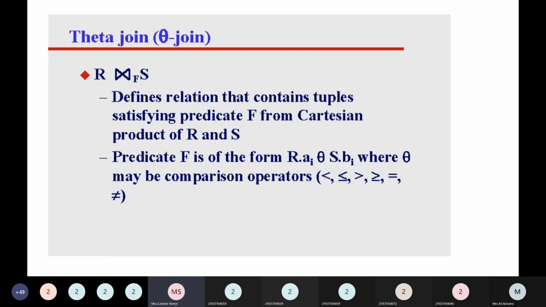If it is less than or less than equal to, greater than or greater than equal to, then your join operation is called a theta join. If your predicate function is equal to, then you call that an equi-join operation.